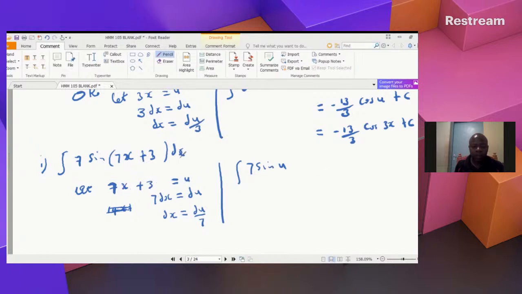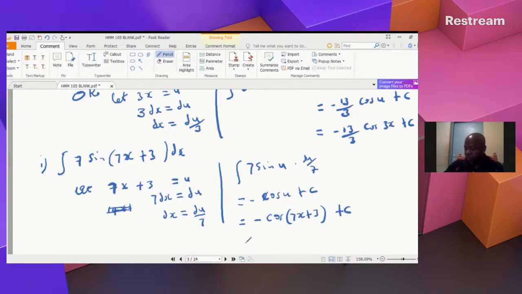And instead of dx, we are writing du out of 7. 7 and 7 will cancel out, and you have the answer of negative cos of u plus constant of integration, or negative cos of 7x plus 3. Then add the constant of integration.